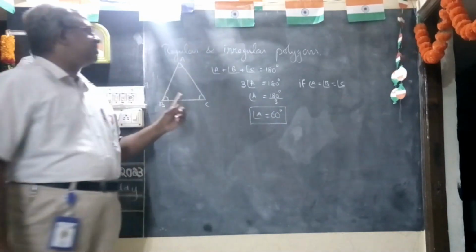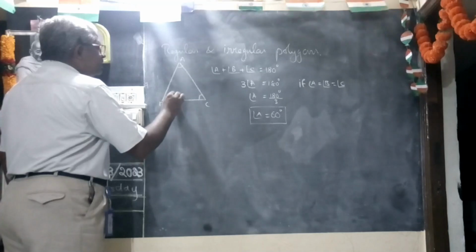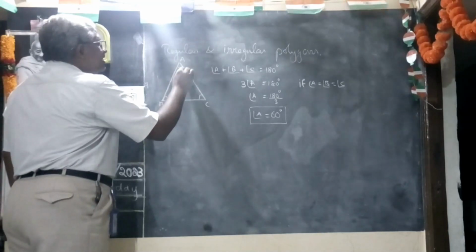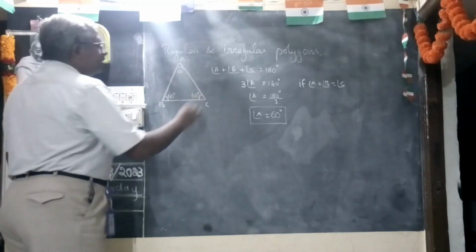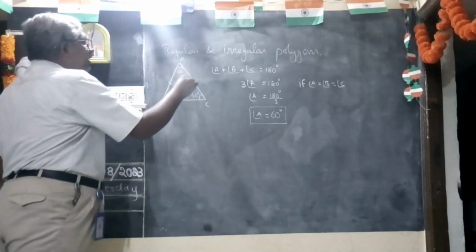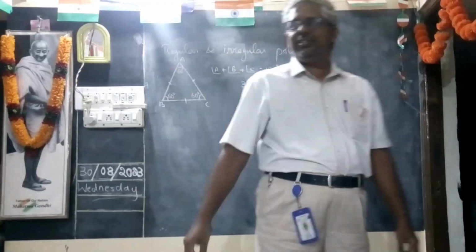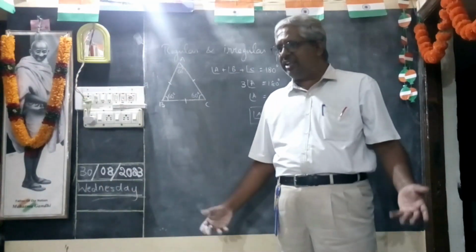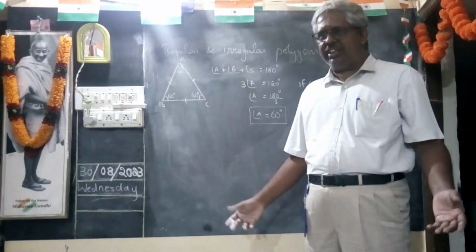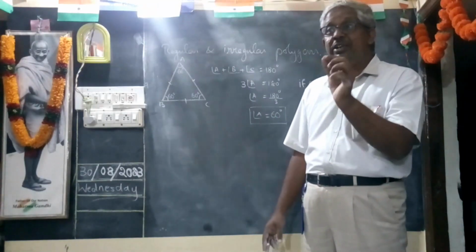I call this a regular polygon if all the angles present in a triangle are 60 degrees. Not only that, equal angles have equal vertices too, and therefore it's a triangle which is a regular polygon.